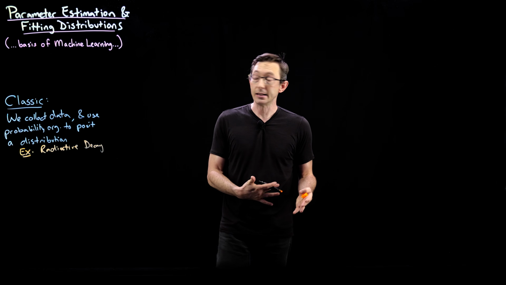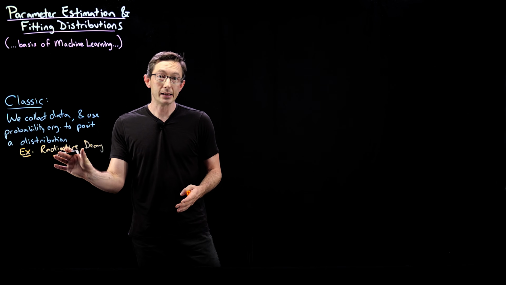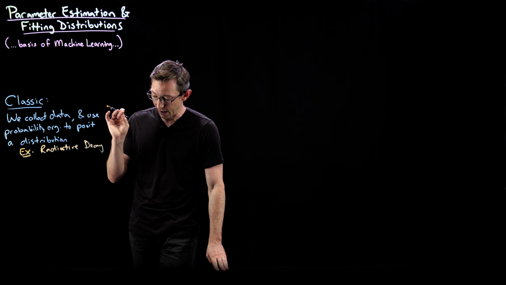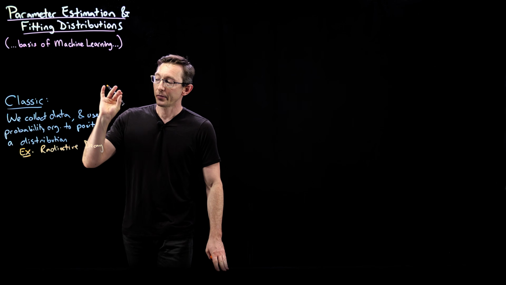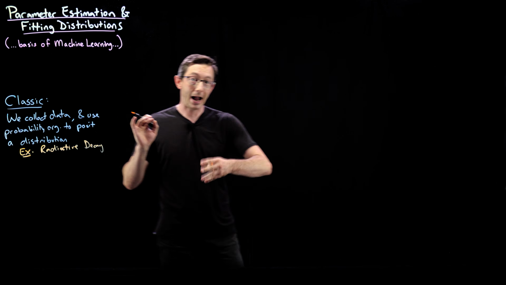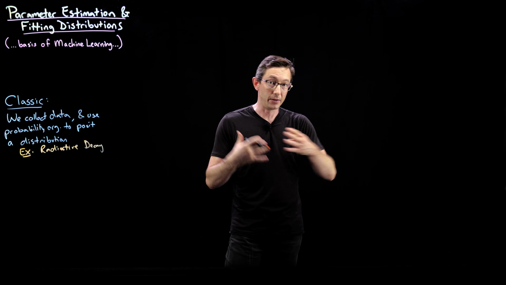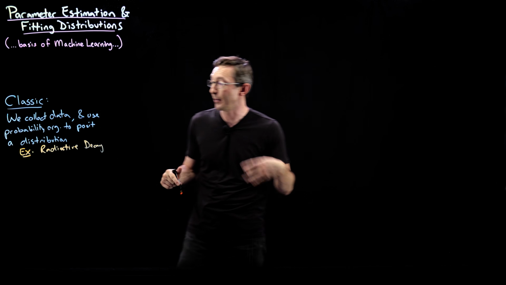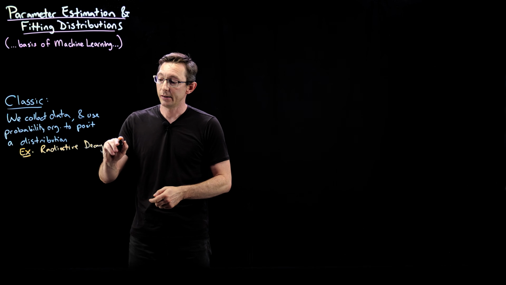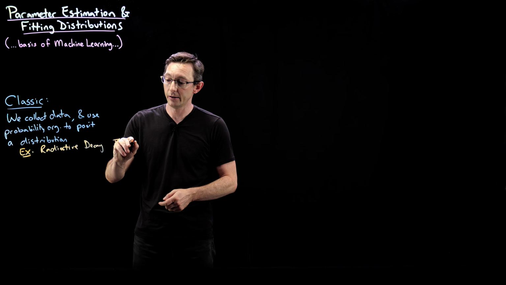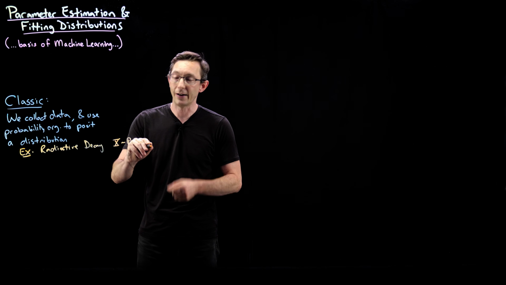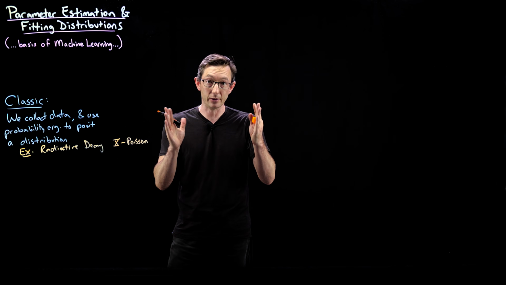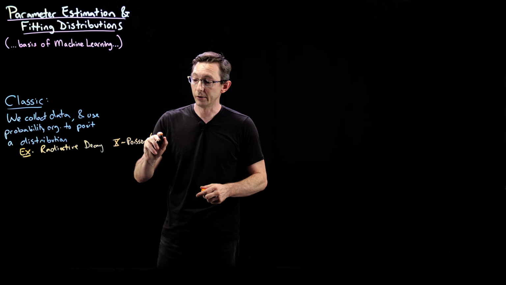This is from a 1966 paper of Americium decay, and we will have data for how many atoms decay in a certain interval of time, and we're going to posit that this is a Poisson random variable, how many atoms decay in a certain fixed interval of time with some lambda.